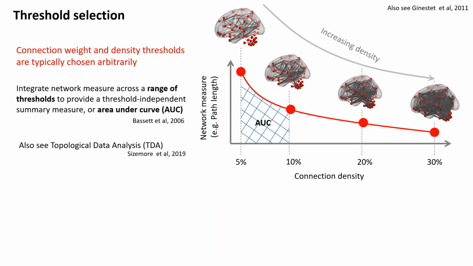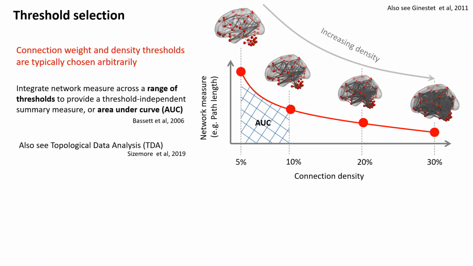In this case, I've shown connection density on the x-axis and then our specific network measure on the y-axis. Once we've repeated the analysis for a range of thresholds, we can then consider a summary measure such as the area under the curve or even just the average across the different connection densities. And that takes us away, at least to a certain extent, from the dependence on the threshold choice.